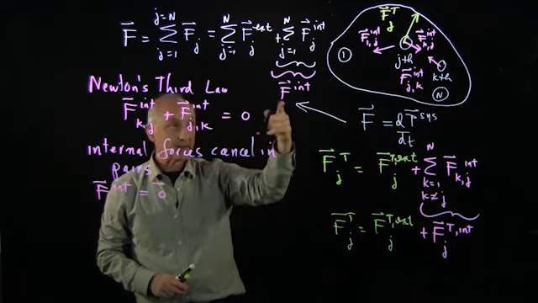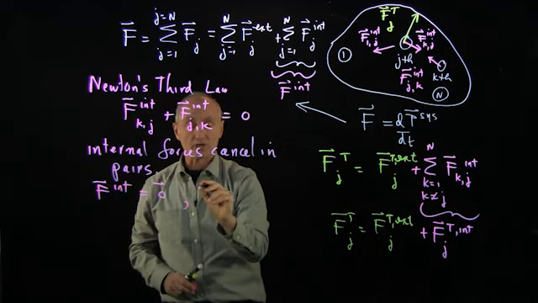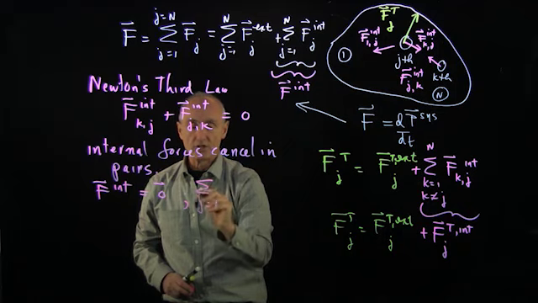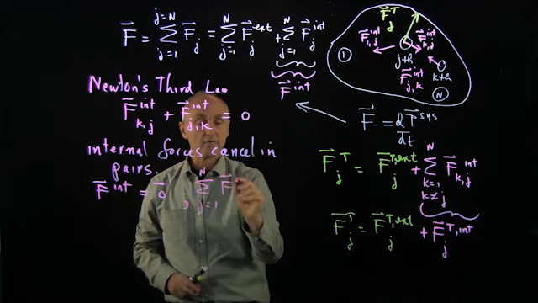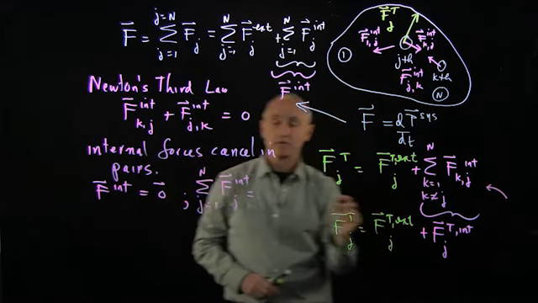Now here we can see it another way. If we want to look at this notation, we took the sum, j goes from 1 to n, of F internal j. Now we use our definition for F internal.